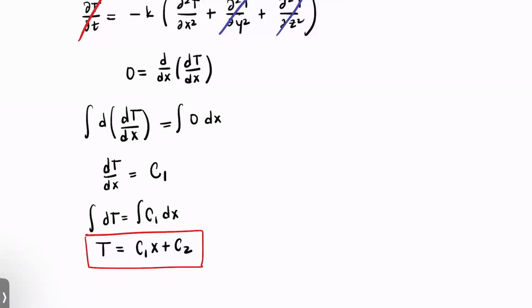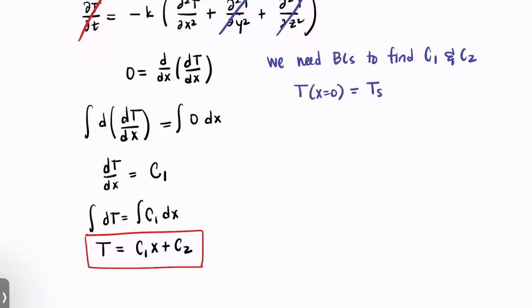Okay, we need boundary conditions to figure out what C1 and C2 are. All right, so our boundary conditions are that T at x equals 0 is equal to Ts.